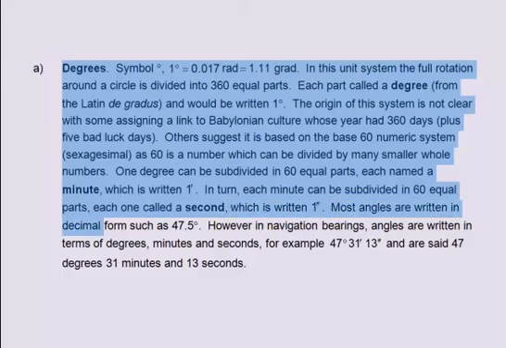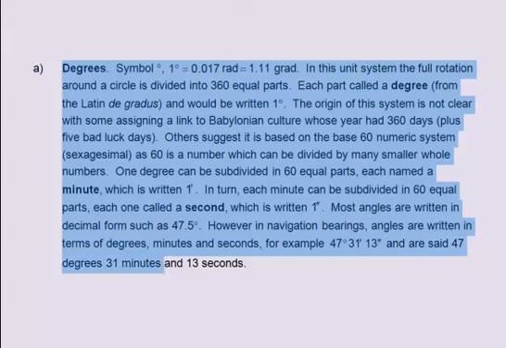Most angles are written in decimal form, such as 47.5 degrees. However, in navigation bearings, angles are written in terms of degrees, minutes and seconds. For example, 47 degrees, 31 minutes and 13 seconds.